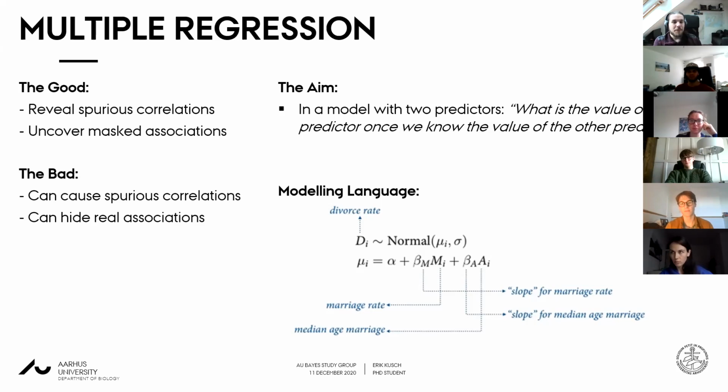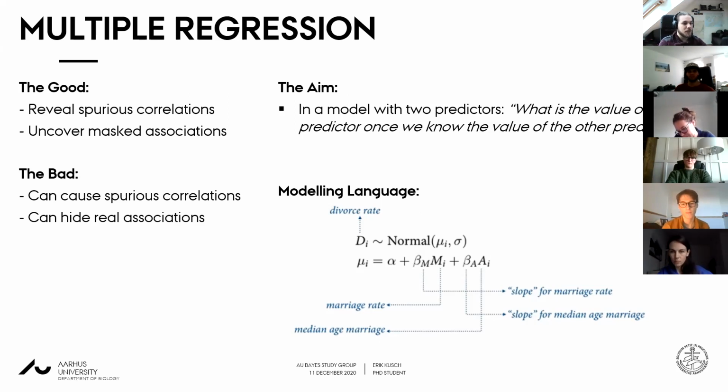Now, the aim of multiple regression, just as simple as possible with just two predictors, and it can have as many as we want, is to answer the question of what is the value of one predictor once we know the value of the other predictor.